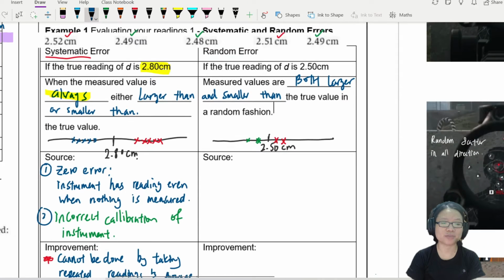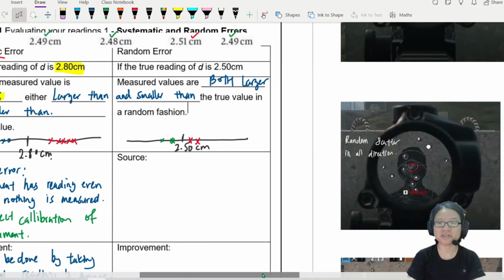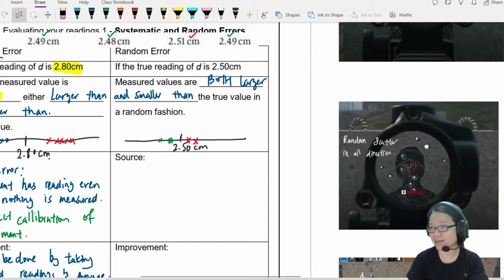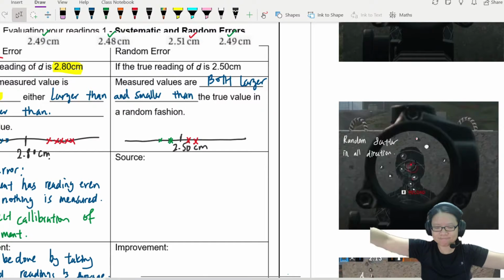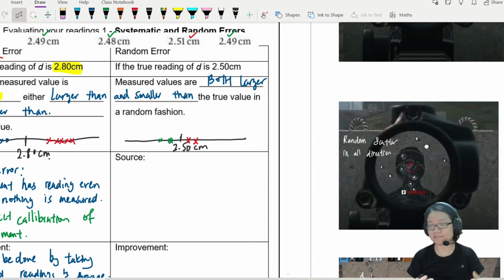A lot like this random scatter, when you point a gun and shoot at someone, it's going to count as a headshot. But there's also some random stray bullet. So whenever you take a reading in physics, most of the time you will have some form of random error. It's just whether it's picked up or not.